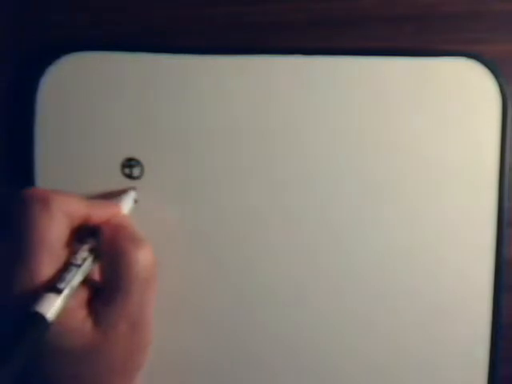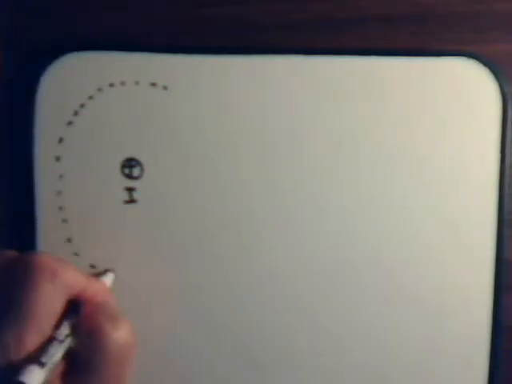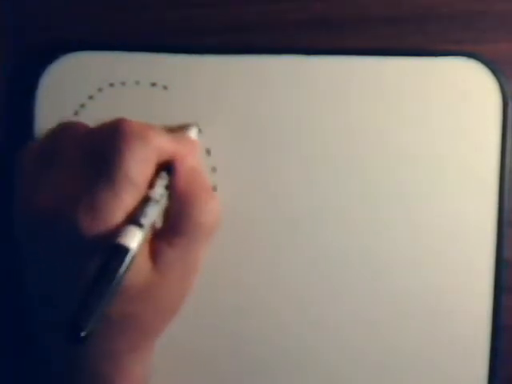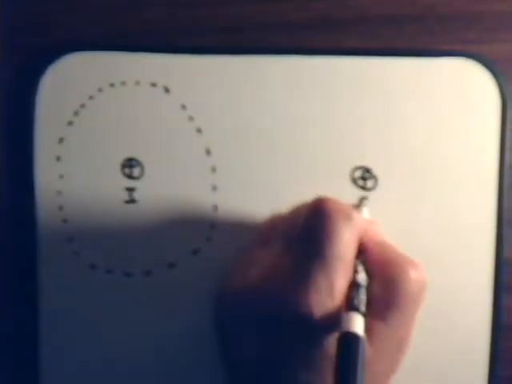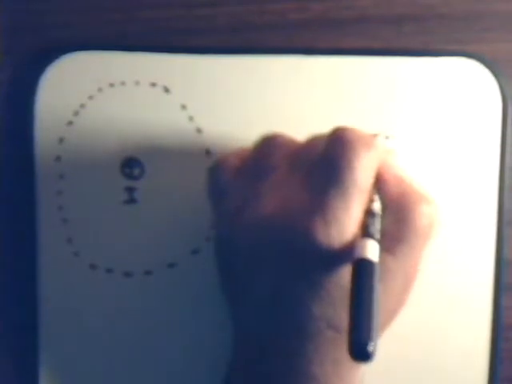So here would be a nucleus of positive charge for iodine, and then somewhere out here we have its outermost shell of electrons. And then for chlorine, that's going to be much smaller.